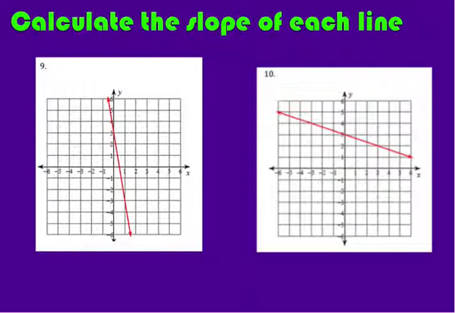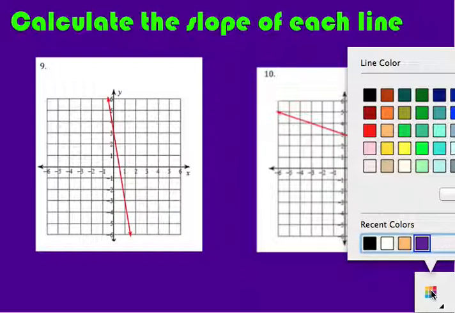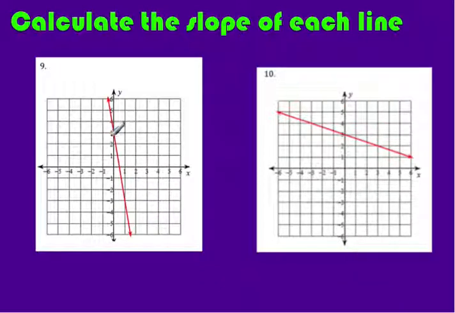So taking a look at number 9. For number 9, again, we want to pick 2 points. So I'm going to pick a point here. I see that that's a point because it's crossing a corner. And I see that this is a point here because it's crossing a corner. So now I want to figure out my rise, or I'm actually going down. So I'm going down 1, 2, 3, 4, 5, 6.